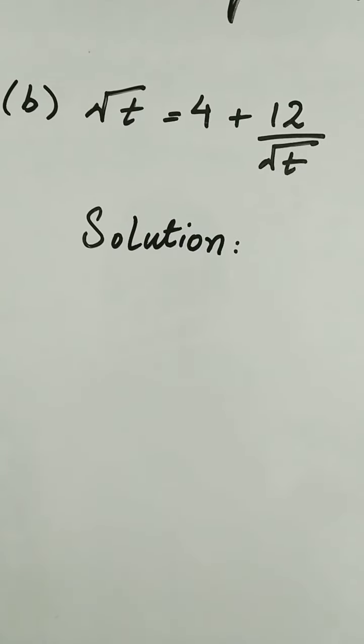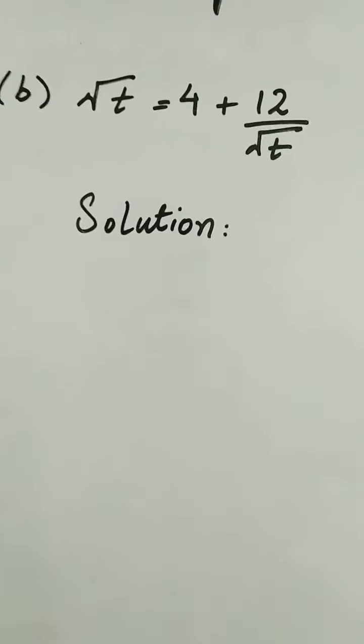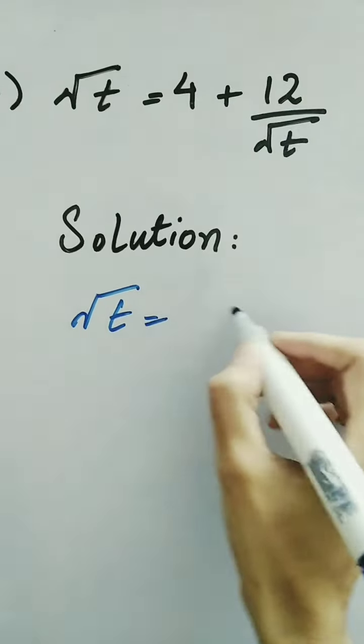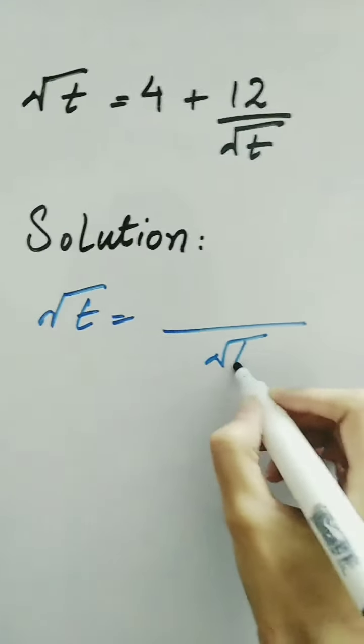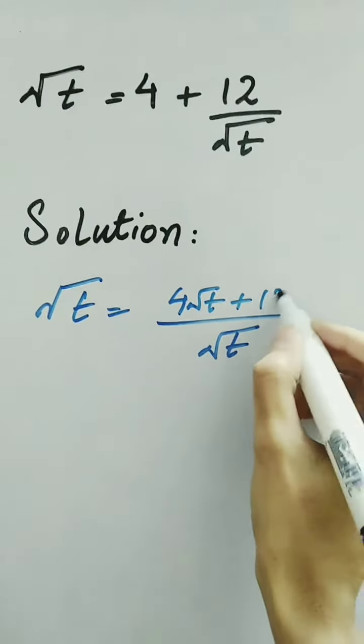Now look at another question here, which is root t is equal to 4 plus 12 over root t. In order to solve it, first we will take the LCM on the right hand side. So it becomes 4 root t plus 12.